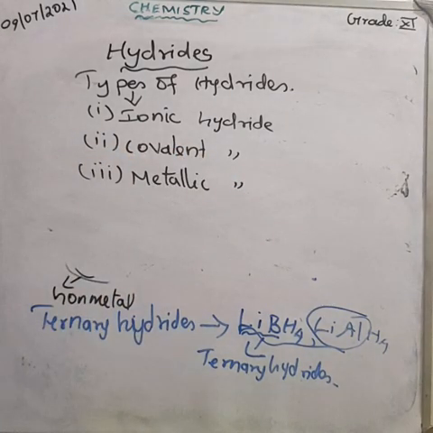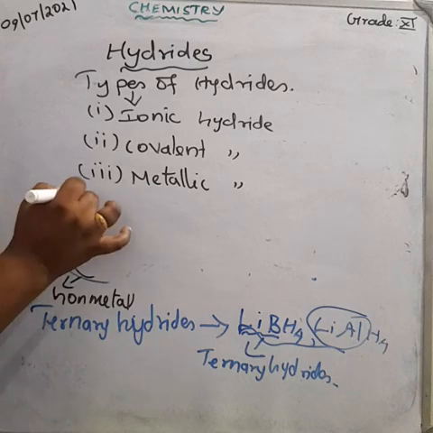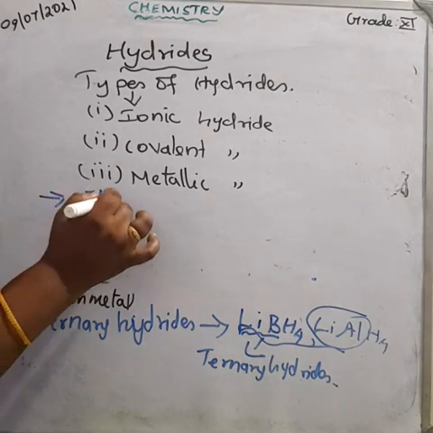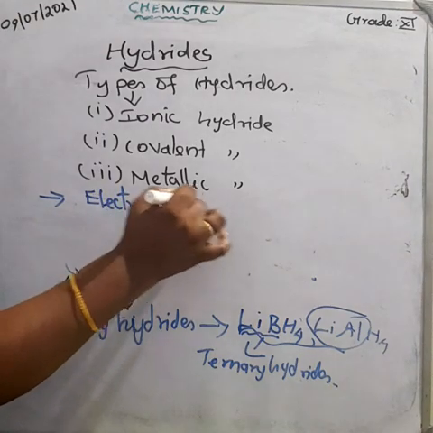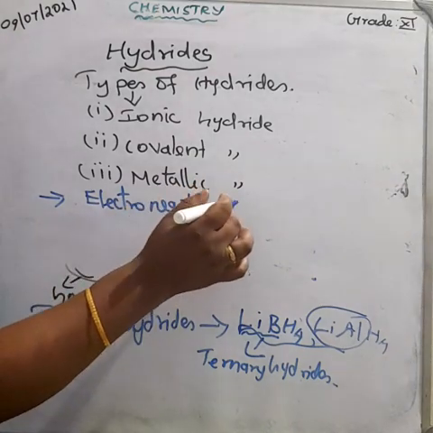Understand? So the hydrides formed with elements having lower electronegativity than hydrogen are often ionic. Ionic hydride means the hydrides formed with elements having lower electronegativity than hydrogen.